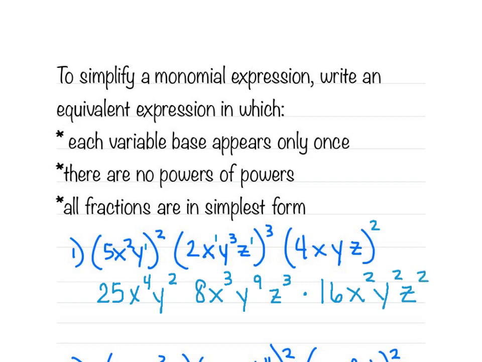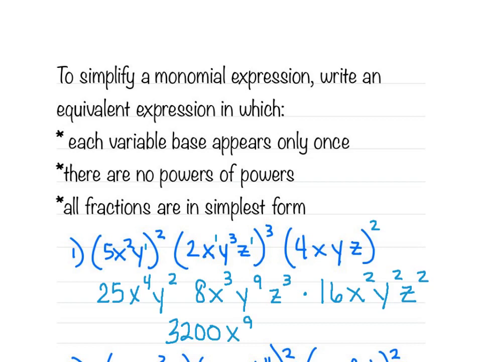Now we can go ahead and multiply all of the powers with the same base. Let's work on the coefficients first. 25 times 8 times 16 is 3,200. X to the 4th times x cubed is x to the 7th times x squared is x to the 9th.